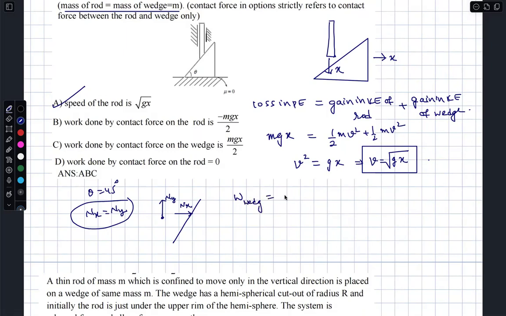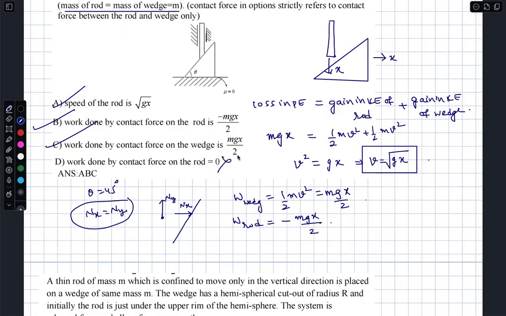Simply change in kinetic energy, half mv square, which is mgx by 2. So therefore, work done on the rod is negative of this. Because internal forces, net work done by internal forces is 0. So therefore, if that is plus mgx by 2, it is minus mgx by 2. B correct, C correct. So work done by contact force on the rod 0 is wrong.